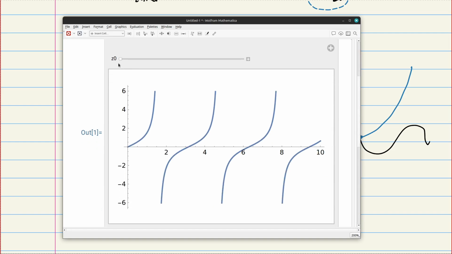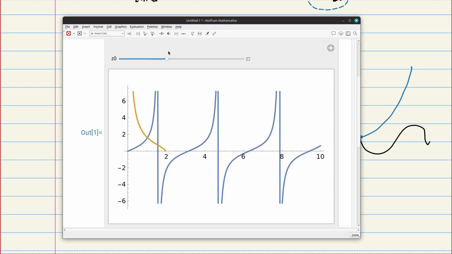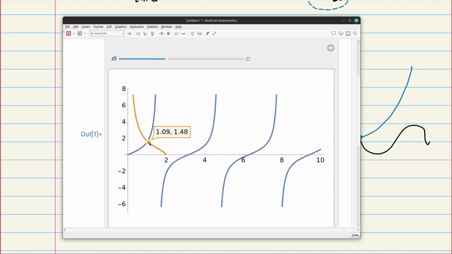We don't have a solution, but if we increase z naught a little bit, you can see the blue line is tangent, the orange line is this square root, and as you increase z naught, this square root comes from minus infinity and intersects. There's like one intersection, that means there's only one solution.